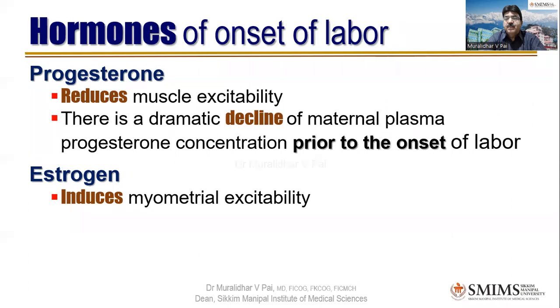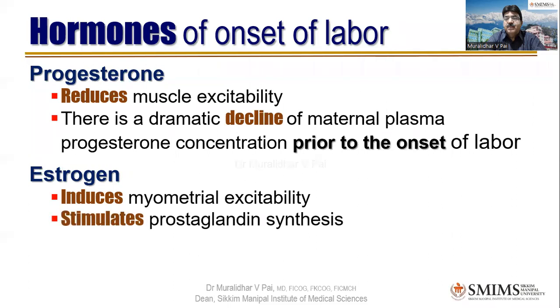Estrogen increases or induces. It stimulates prostaglandin synthesis. If you recall, in endometriosis pain management or mechanism, I have given you the beautiful relationship of COX-2 inhibitors, which will increase estrogen, and estrogen will increase progesterone and prostaglandin, and prostaglandin itself will increase then the COX-2 inhibitors. So a vicious circle I have shown you.